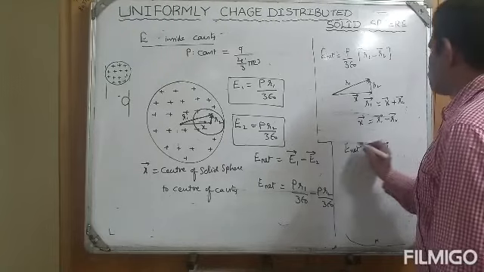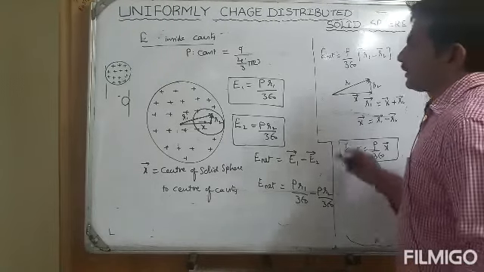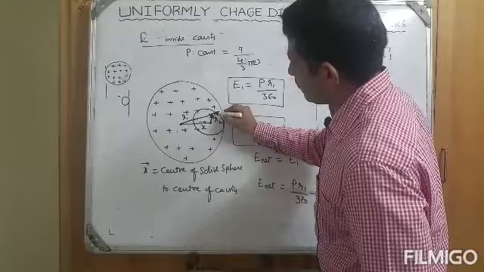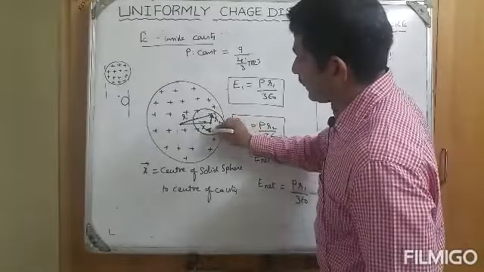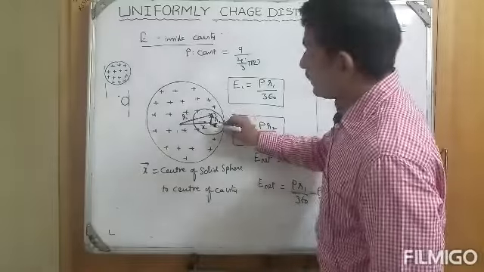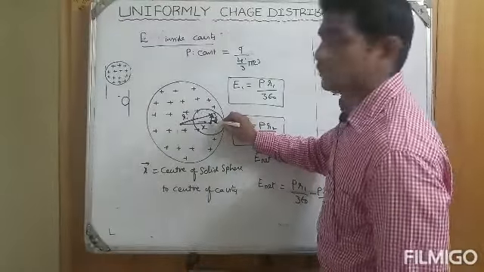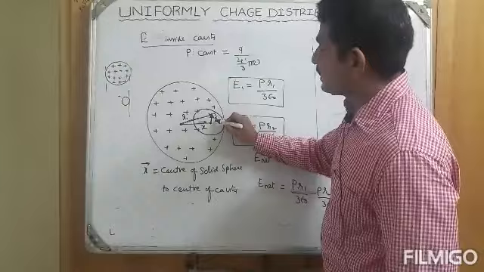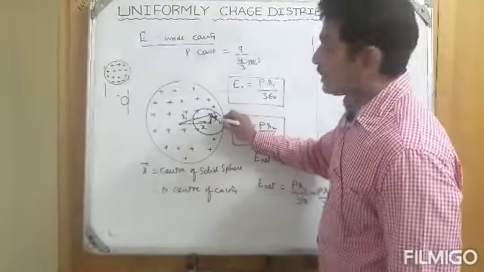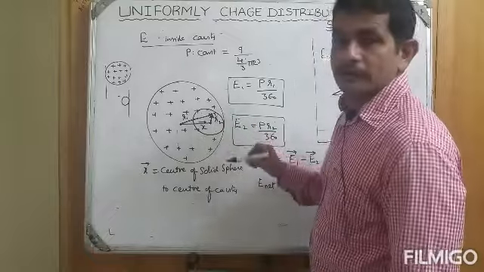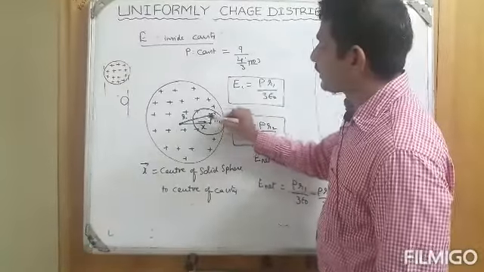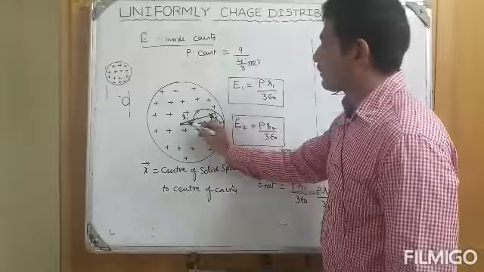X bar. So, what you can understand is, if you take the point of observation here or here or here, anywhere, the position is independent of R1 and R2, and depends only on the distance between the centers.